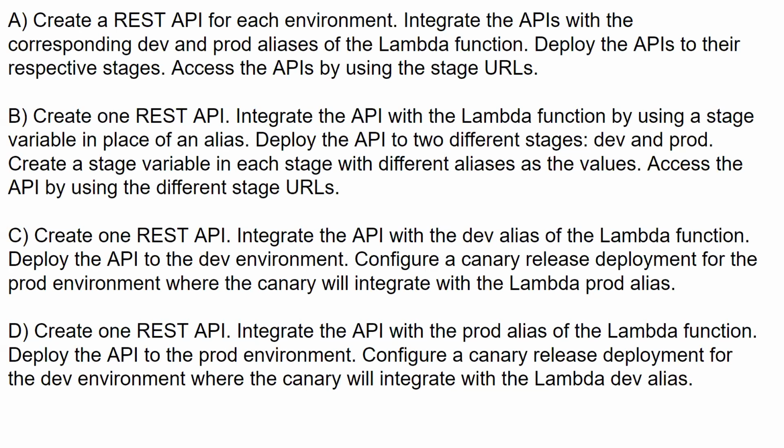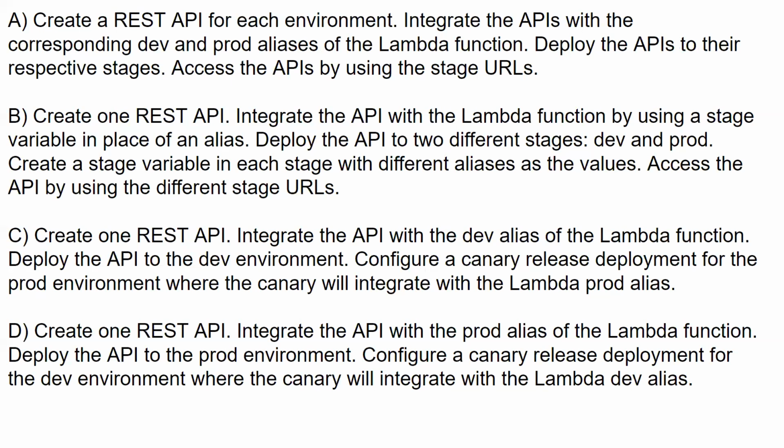Or, create one REST API, integrate the API with the Lambda function by using a stage variable in place of an alias. Deploy the API in two different stages, dev and prod. Create a stage variable in each stage with different aliases as the value. Access the API by using the different stage URLs.